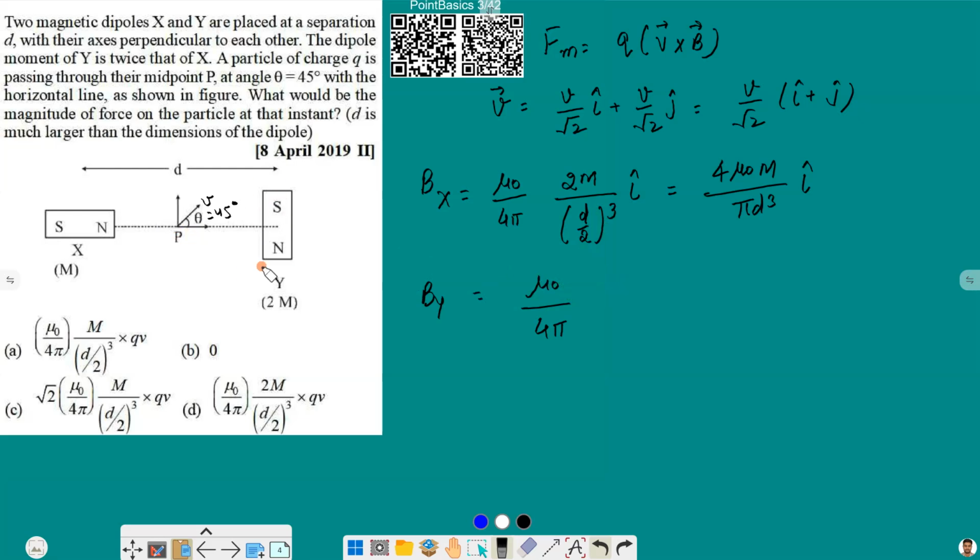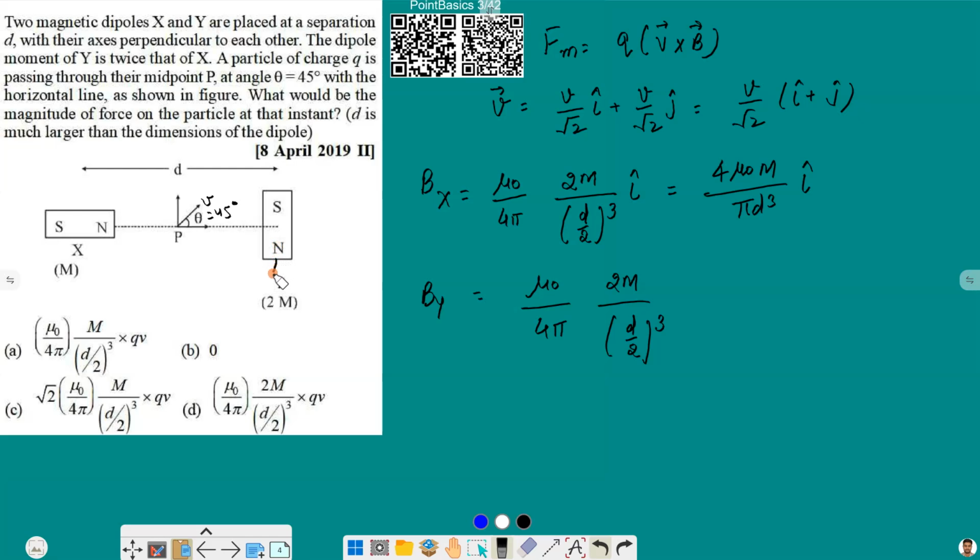So for this, the dipole moment is 2m, divided by the cube of the distance. The direction of the magnetic field will be along the y-axis, and we can get that idea from the fact that outside the magnet the field lines go from the north to the south pole.